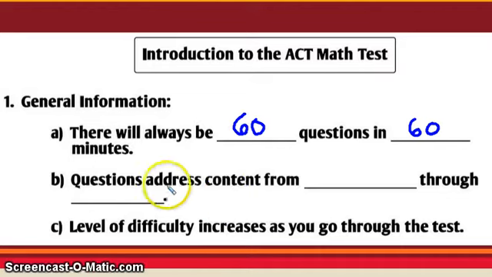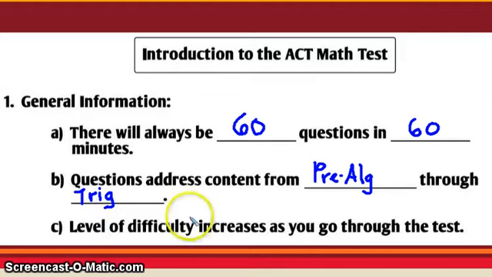Questions on the ACT address content from pre-algebra. I'm going to simplify that a little bit: pre-algebra through trigonometry. So you're going to have some trig questions on the test. Now don't get worried about that and freak out on me, but you are going to have a few questions.